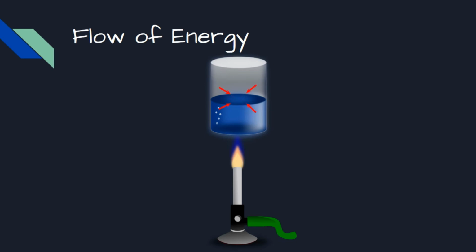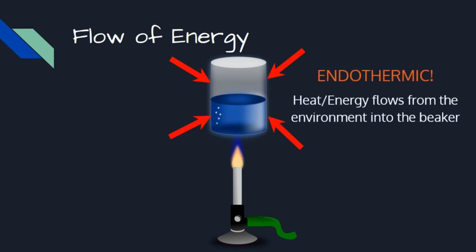Well, now that flow of energy is inwards, it's towards the inside of our object. And so this is an endothermic reaction because heat and energy is flowing from the outside, from the environment, into the beaker. So even this simple example where we're heating a solution, is it exothermic? Is it endothermic? It might not be as simple as you think.